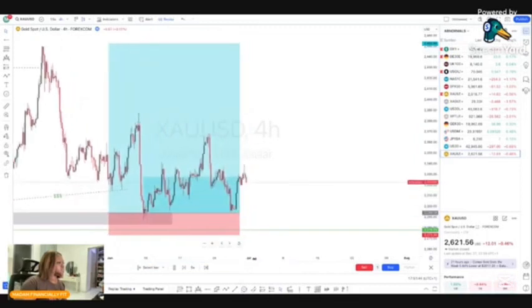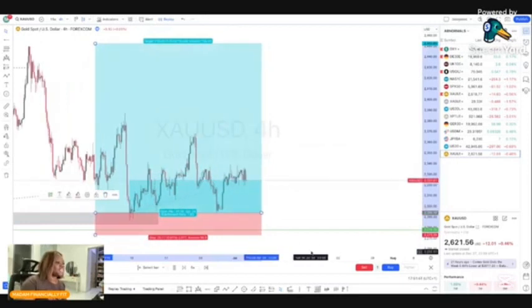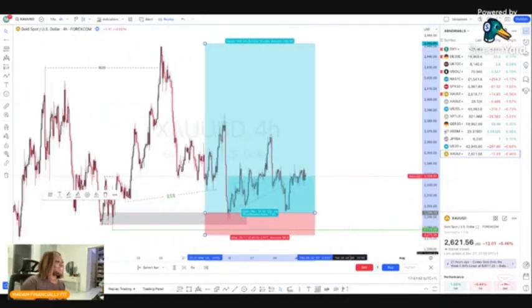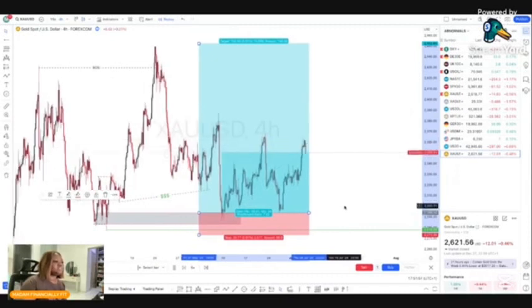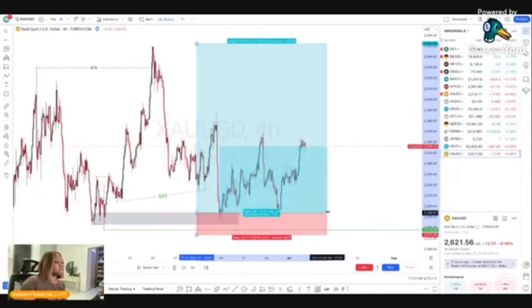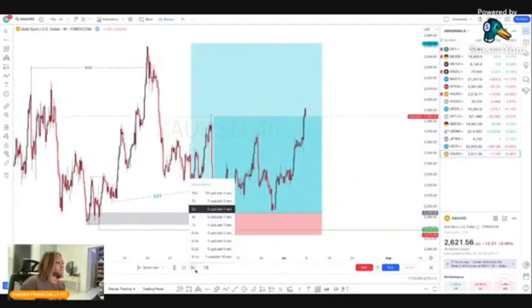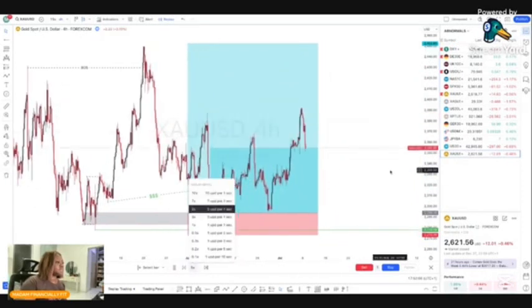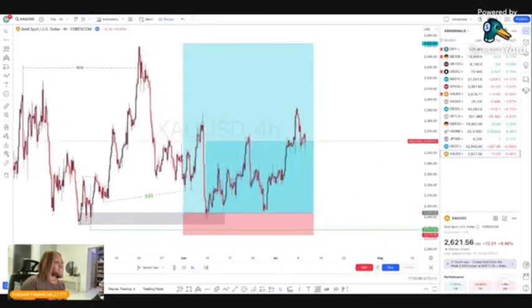It came back to entry. You see this coming back to entry is everybody's nightmare in this industry. But once you're sure of what you're doing, you'll no longer be scared. And there you go. You see the market respecting that zone.